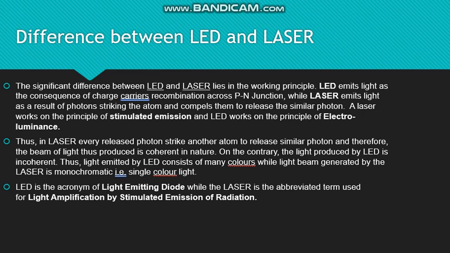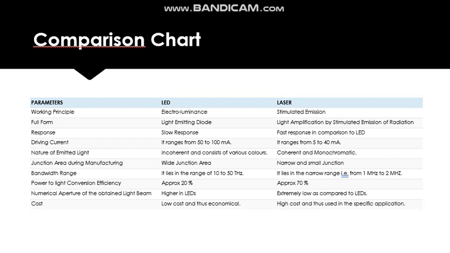Thus, light emitted by an LED consists of many colors, while the light beam generated by a laser is monochromatic, single-color light. LED is the acronym of light emitting diode, while laser is the abbreviated term used for light amplification by stimulated emission of radiation.